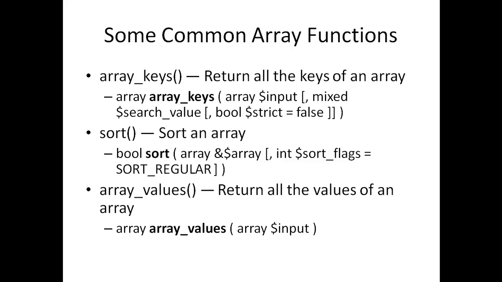For those of you who don't know, I've talked about by reference a couple of times here. What you're passing in is a pointer to the actual array. So the changes that that function makes to the array are actually made to the array.